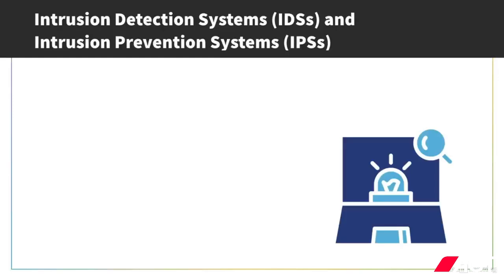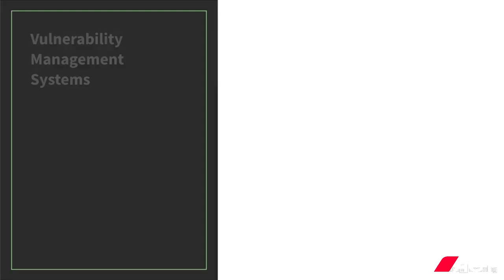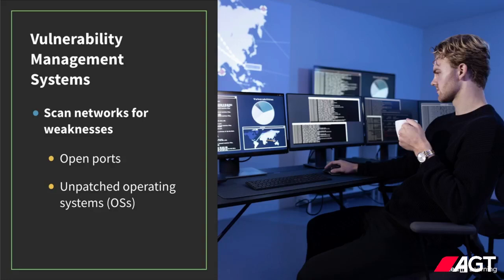Intrusion detection systems, or IDSs, and intrusion prevention systems, or IPSs, also produce data in the form of alerts when they detect and discard suspicious attack packets. Vulnerability management systems scan networks for potential weaknesses, such as unnecessarily open ports and unpatched operating systems, or OSs, susceptible to known exploits.